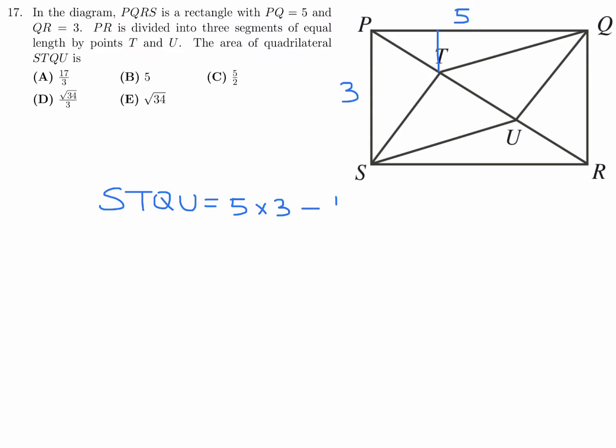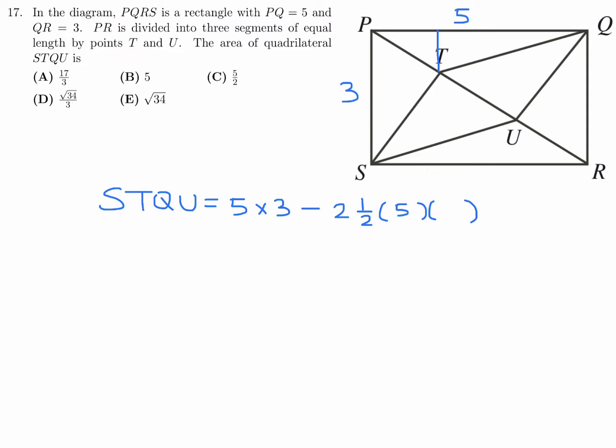So we're subtracting 1/2 base times height. But this triangle is exactly the same as this triangle right here, so instead we subtract 2 times 1/2 base times height, since those two triangles we can just combine. The base is just 5 right there.